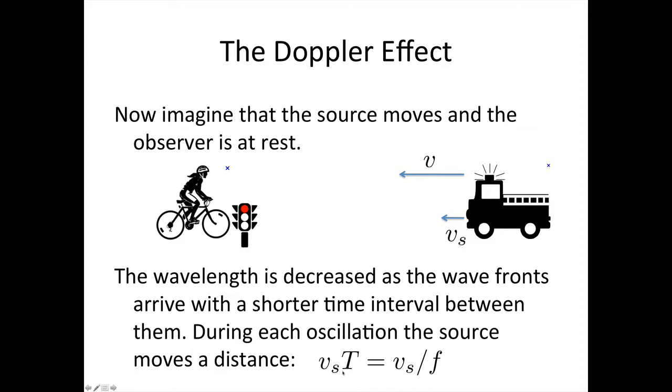So between each crest, it travels a distance Vs, the S subscript here stands for source, so that's how fast the fire truck is, times T, where T is the period. So this is how much closer it travels to the previous crest before emitting the next crest. We could also write this as Vs on f, where f is the frequency, and that's just because the frequency is the inverse of the period.